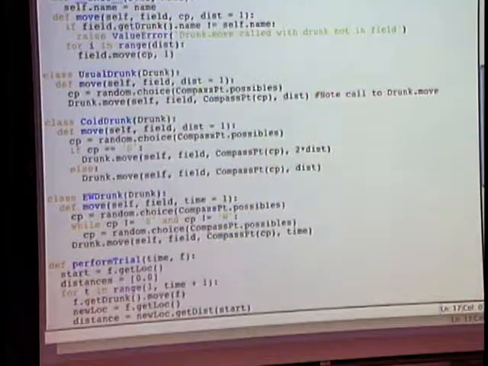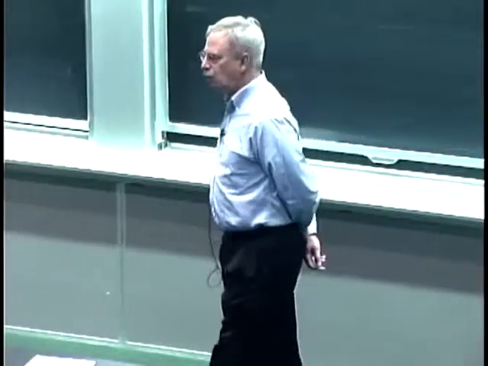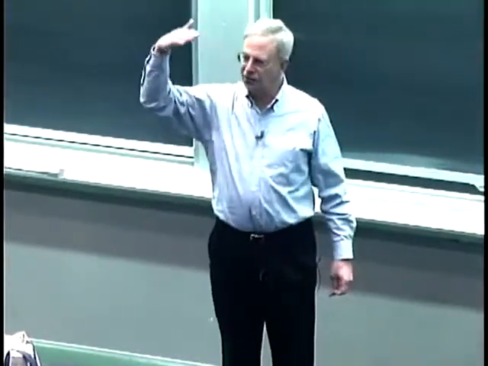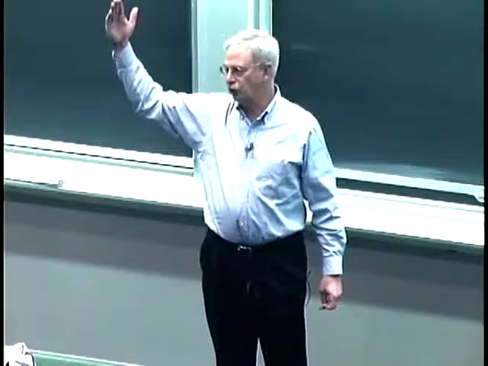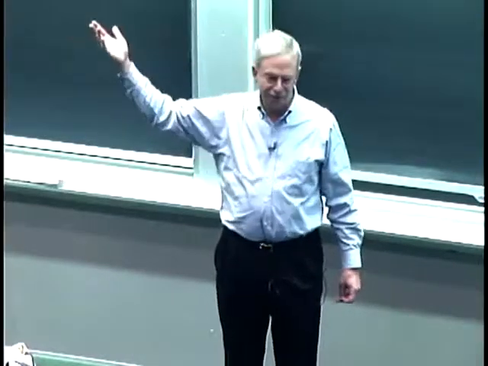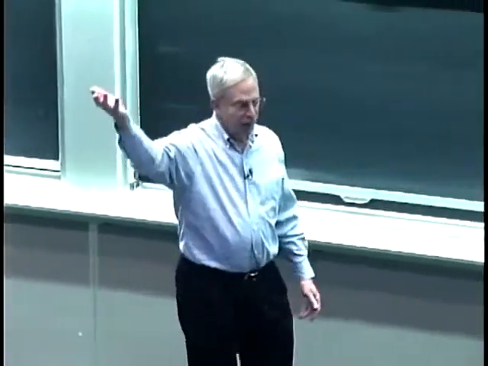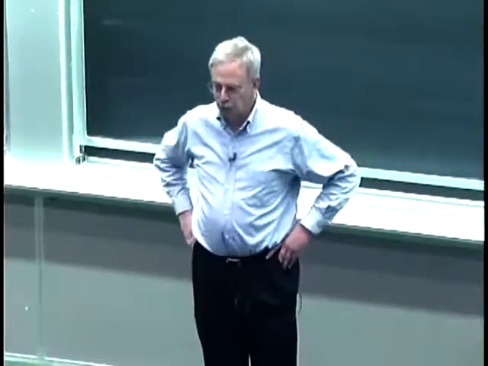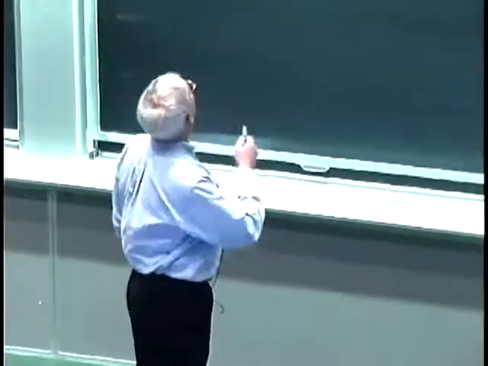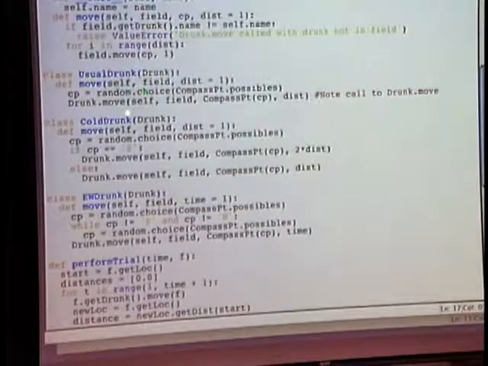So all I've done is I've taken a couple of lines of code out of the previous implementation and moved it to the subclass. So it's now in the subclass I'm making the decision about which direction to move. Once I've made that decision, then I can call the drunk in the superclass. Notice here, when I've made the call, drunk.move.